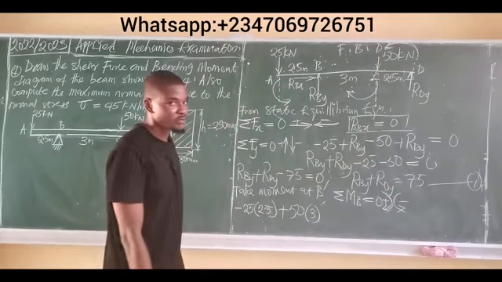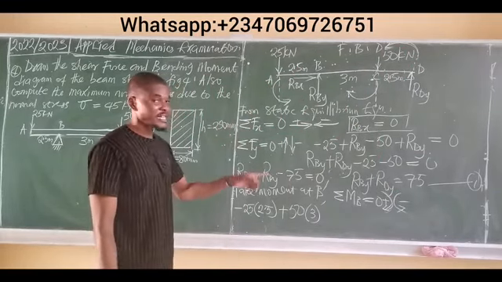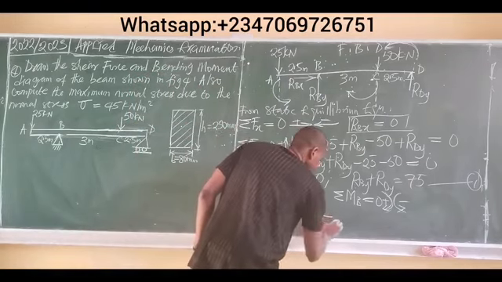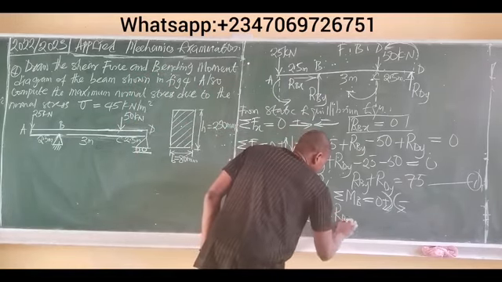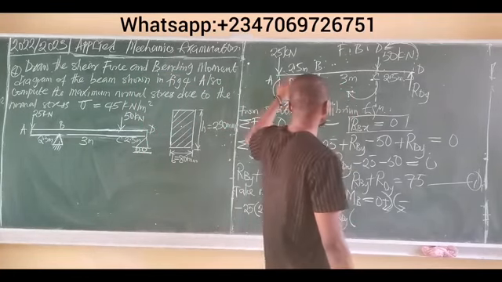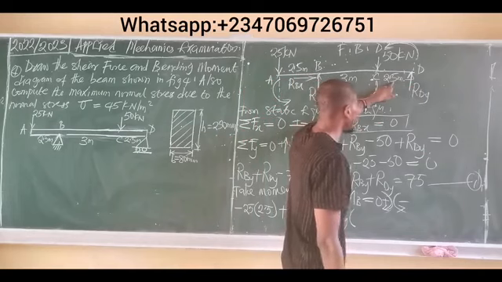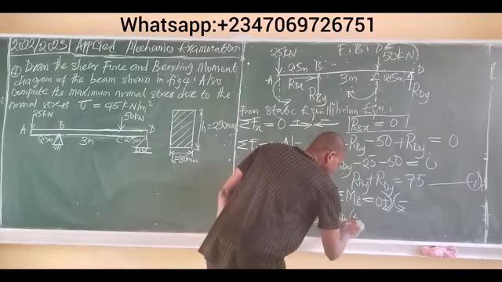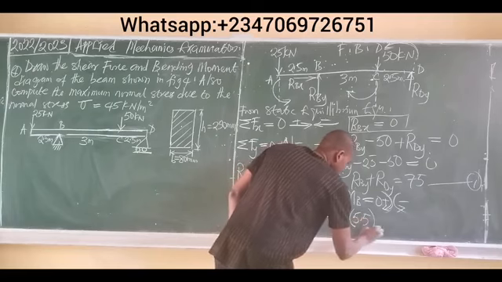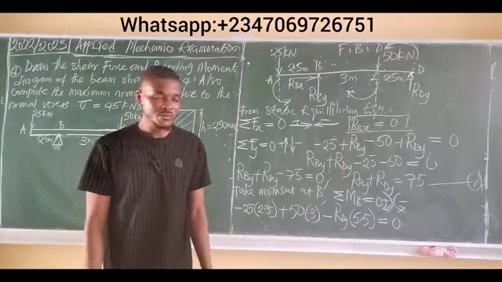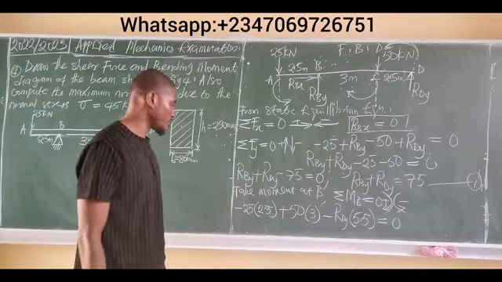You said let anti-clockwise moment be negative, and that turning is anti-clockwise. Hence, you have negative RDY times the total distance it takes this force to get to point B, which is 2.5 plus 3, which is 5.5. So it becomes RDY times 5.5, and the whole of this is equal to 0. So this is the third equilibrium equation.